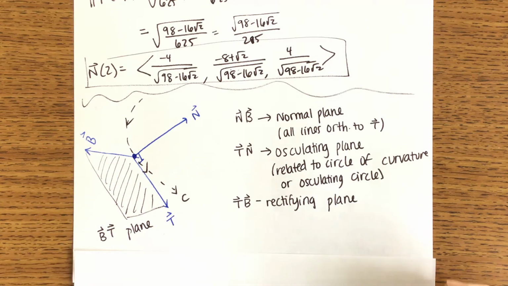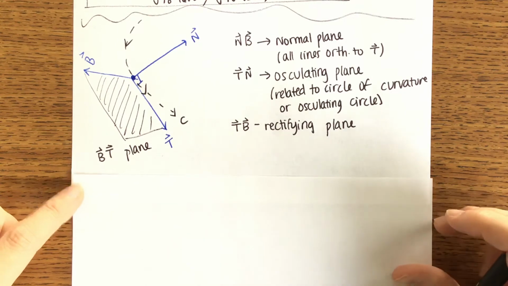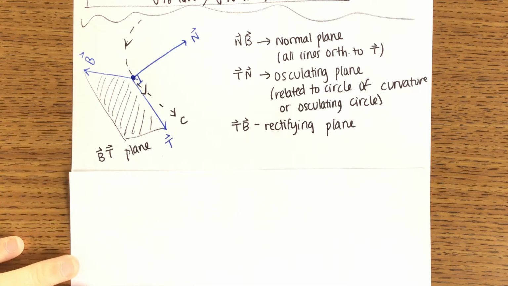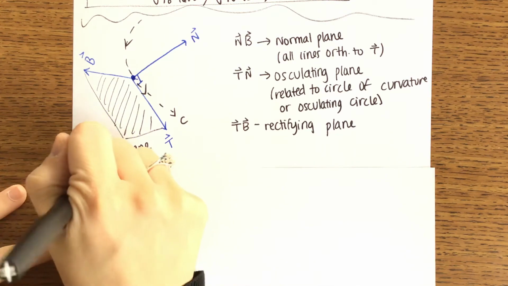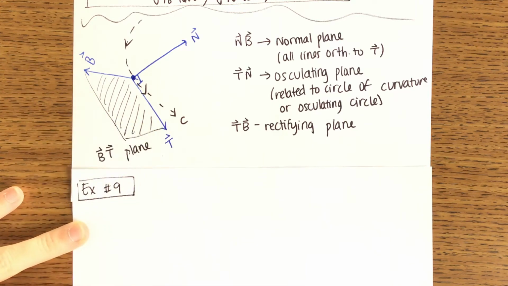Okay, so since we're all so excited to find the equations of these planes, we're going to do an example. Before we do, when you are finding the equation of a plane, what two pieces of information do you need? Normal vector and a point on the plane. Okay, what example is this? Nine, thanks.